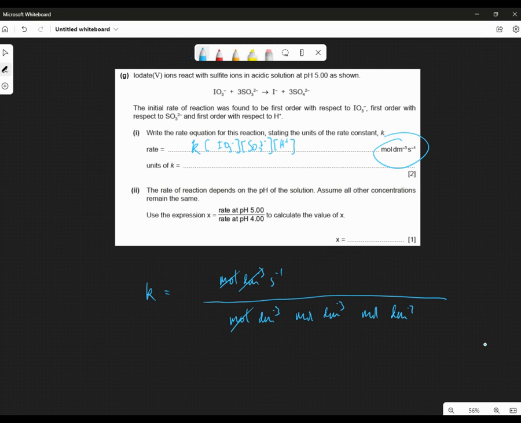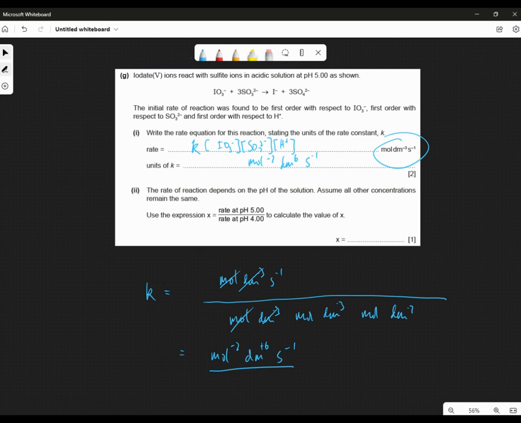So that's going to cancel with just one of them. So we get moles squared at the bottom, so that's to the minus 2. Decimeters to the minus 6, so it becomes plus 6 per second. So they're the units there: moles to the minus 2, decimeters to the 6 per second. Okay, I hope that makes sense.